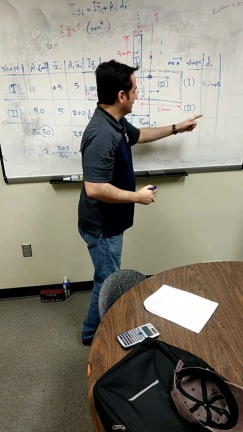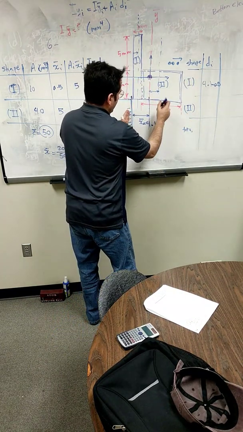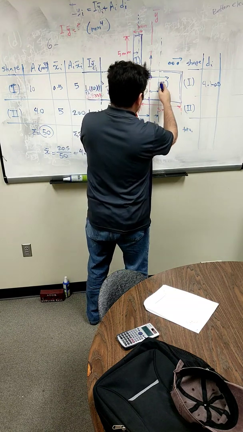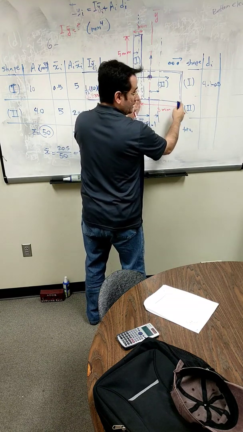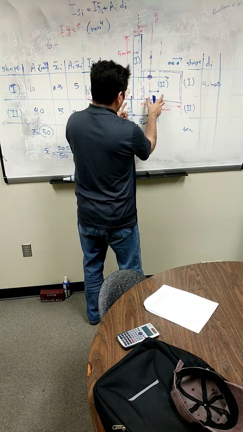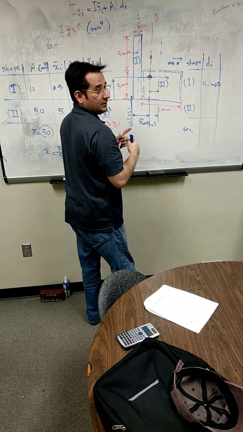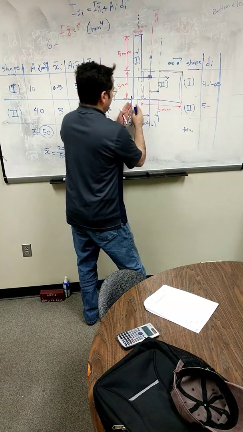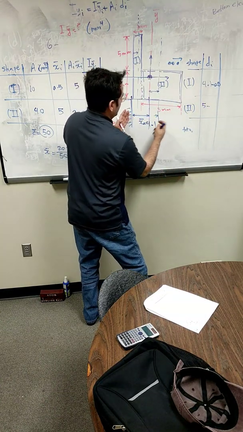So that is from here to here, which is 8 divided by 2 is 4, plus 1. 4 plus 1 is 5. So it's 5 minus from here to here, 4.1. That is 0.9.